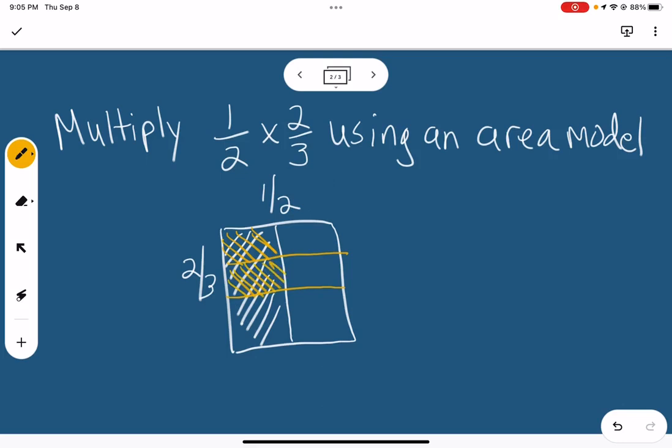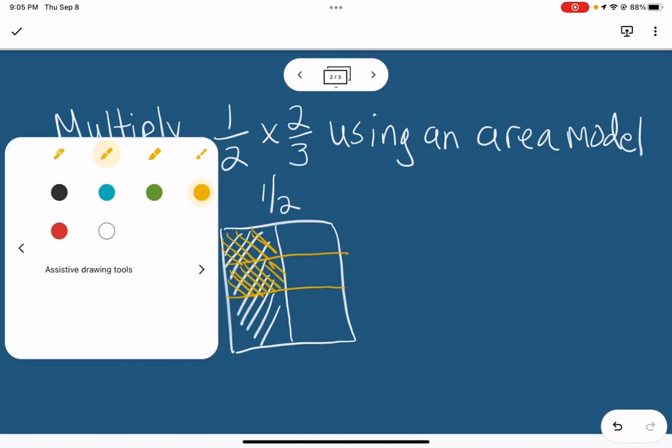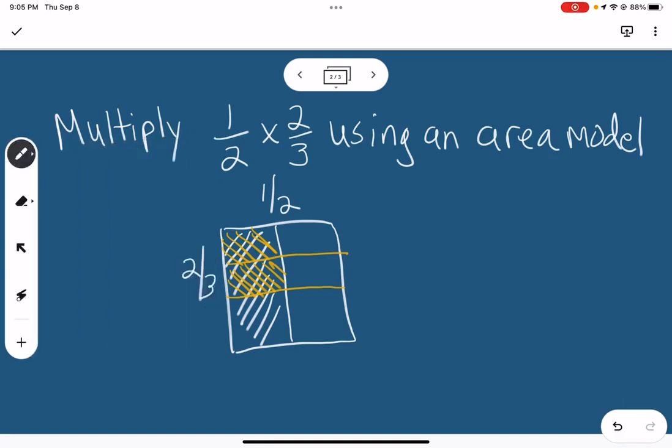There's 2. So now when you want to decide what is 2/3 times a half, what you want to look for is the one that has everything in common. So you can see that this one has both colors and this one has both colors. Okay, so let's decide what that actually is. I have 2 pieces, and what is my total?